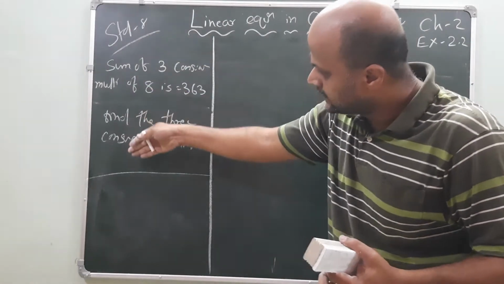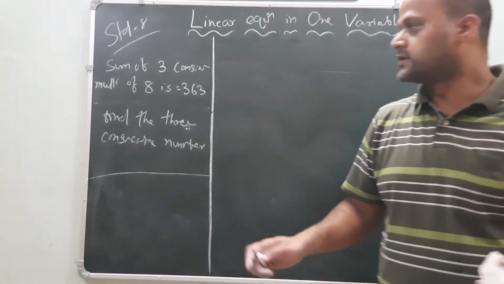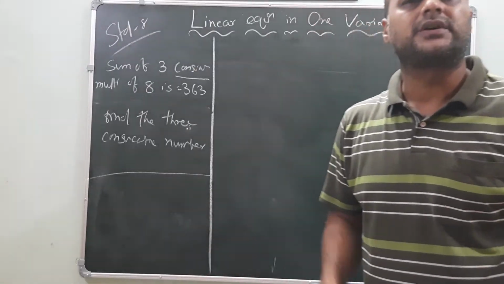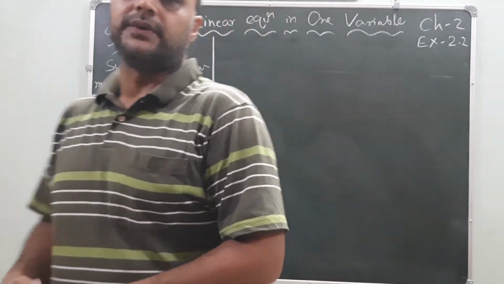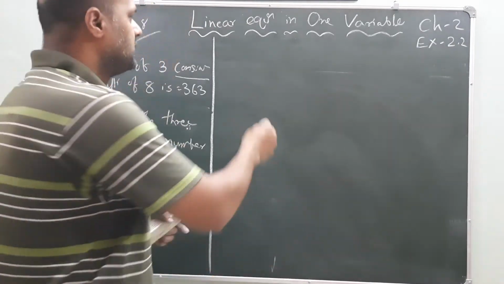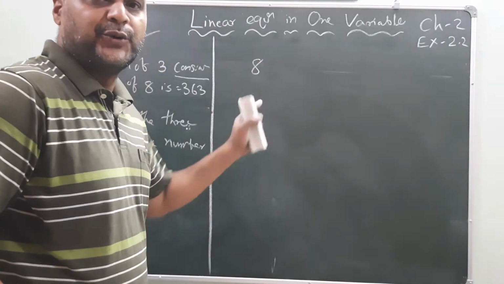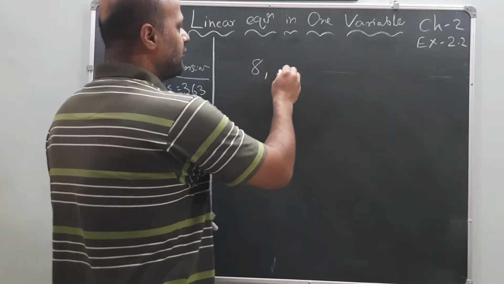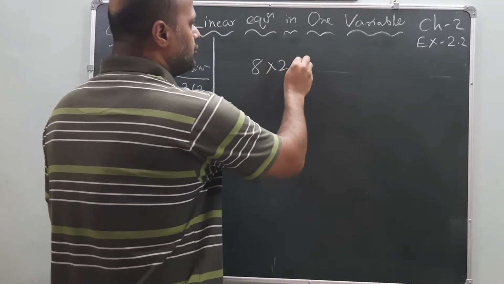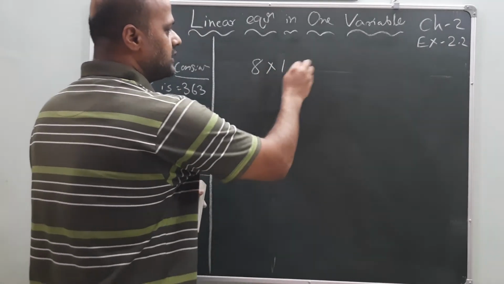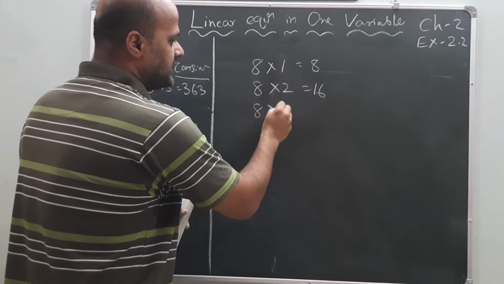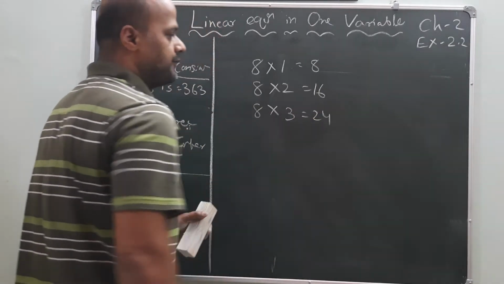Before going to this question, first you have to know, a doubt is coming to your mind: what is consecutive? What is the meaning of consecutive? Consecutive multiples means multiplying the number continuously. Take 8. Multiply by 1, 2, 3: 8 ones are 8, 8 twos are 16, 8 threes are 24.